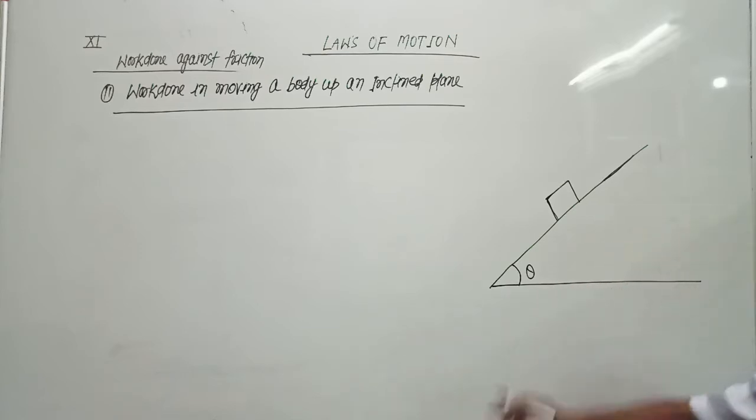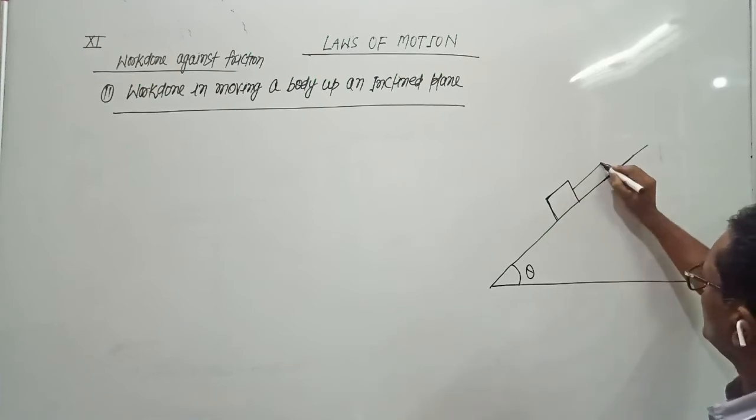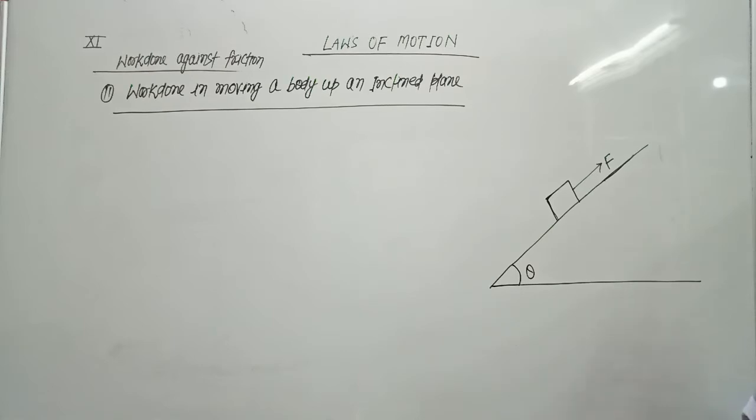We have to find work done in moving the body up the inclined plane, which means the body is moving in the forward direction. So force F acts on the body in the forward direction.